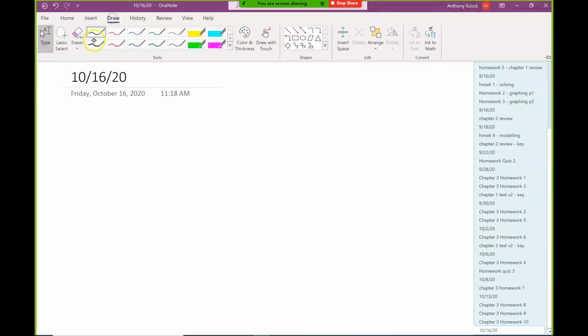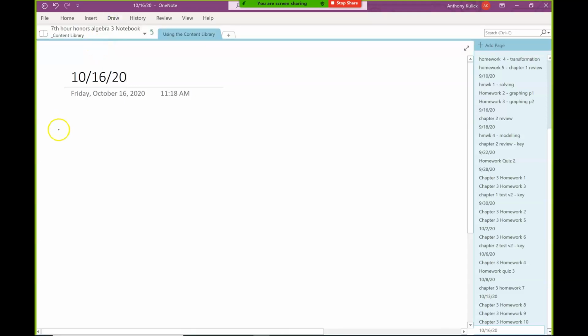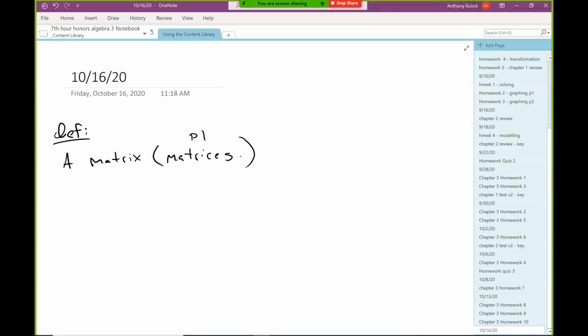So today we're going to start by defining a new mathematical object called a matrix. Just FYI for the grammarians among you, the plural for matrix is matrices. So it's not "matrixes"; matrices is the plural.